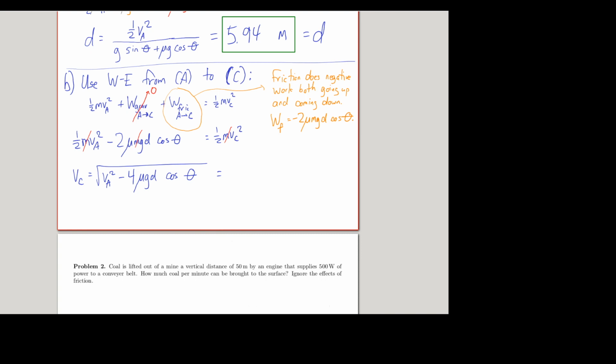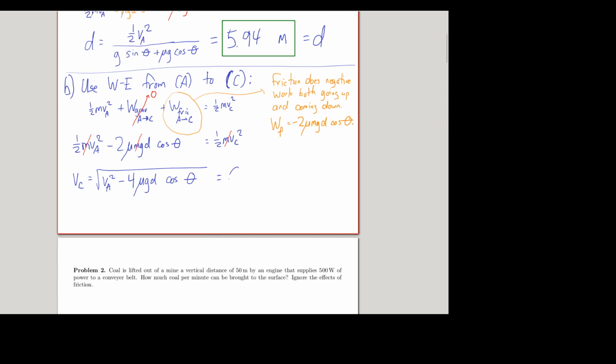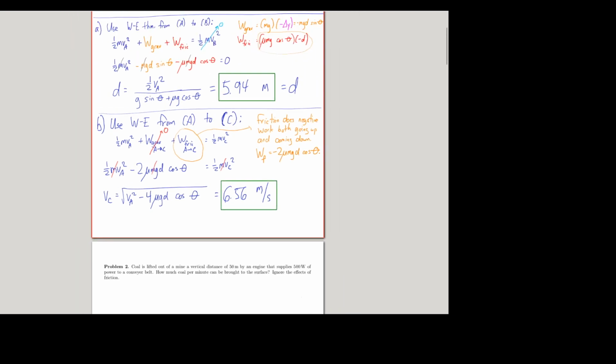And when I put this into my Google machine, I get 6.56 meters per second. Makes sense? It slowed down on the way back down.